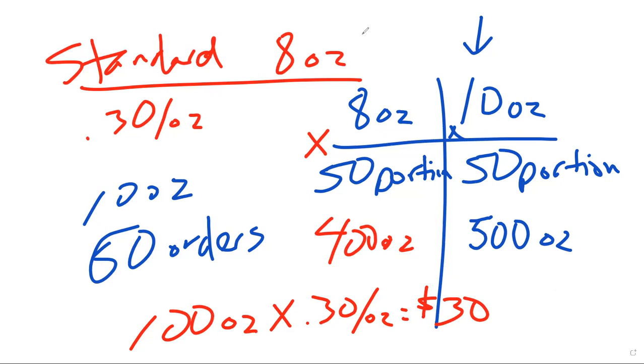The other way to do that is we should have served 8-ounce portions, right? And we actually served 10 ounces. So what's the difference between the two? 8 to 10, how many ounces? 2 ounces.